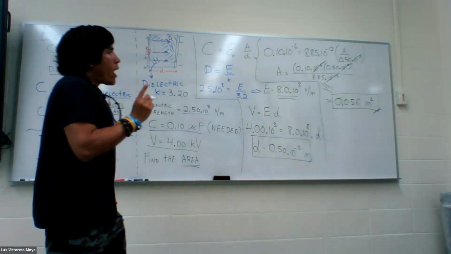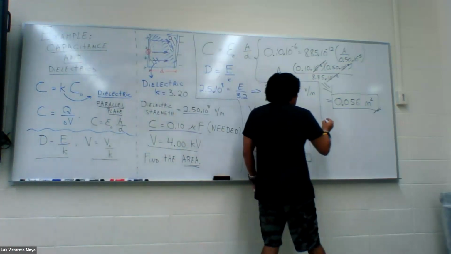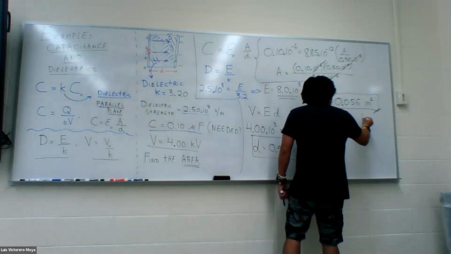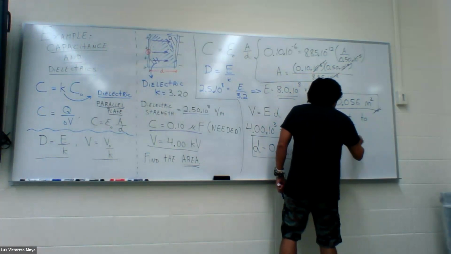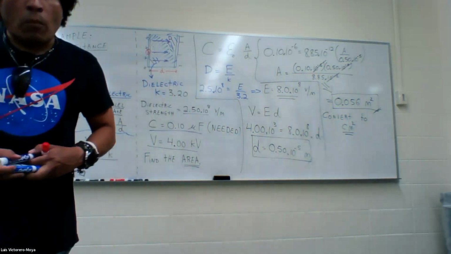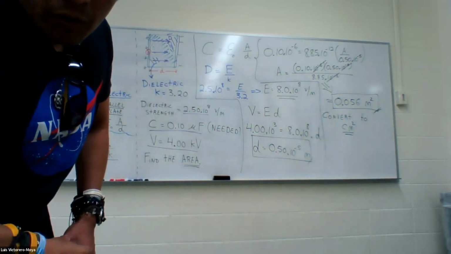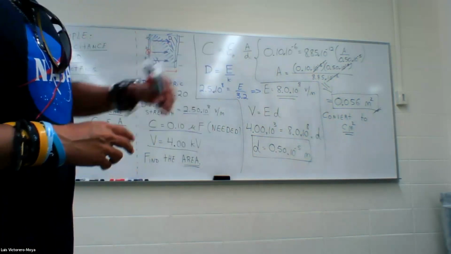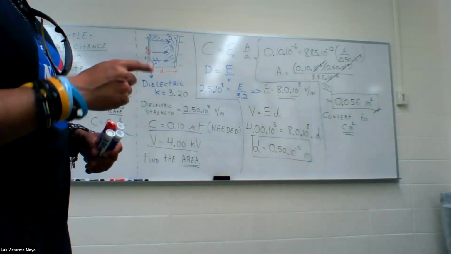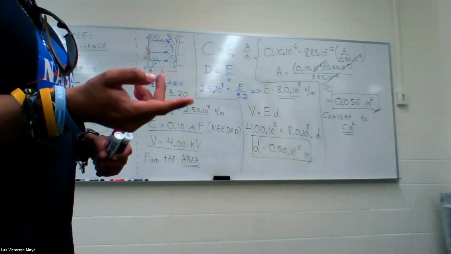Let's suppose they want it, so let's do the exercise. Convert to centimeters squared. Let's suppose that you were being asked to do a conversion like that, right? If you were being asked to convert it, you have to multiply by 100 twice, basically by 10,000.